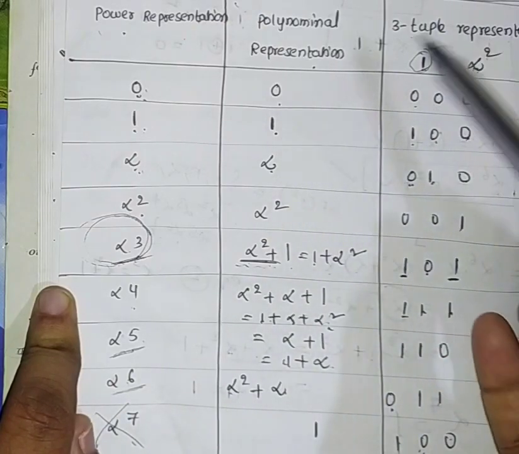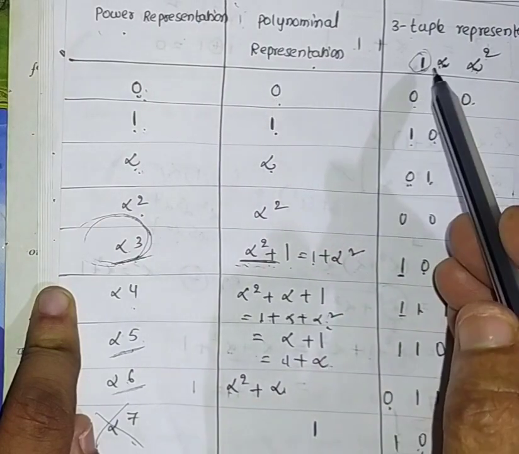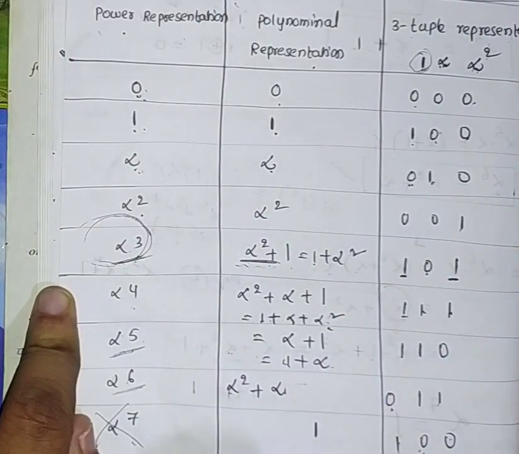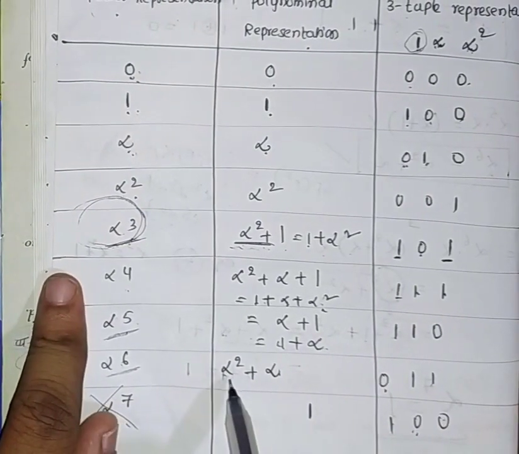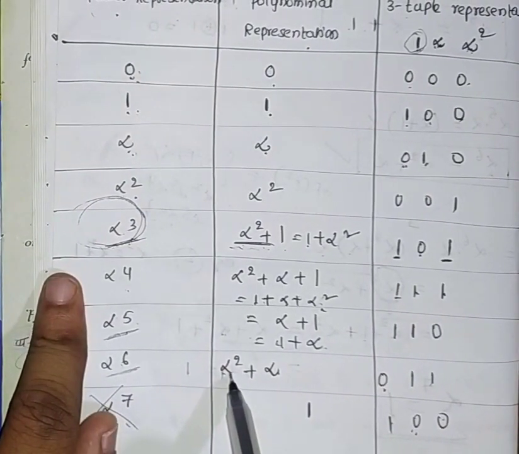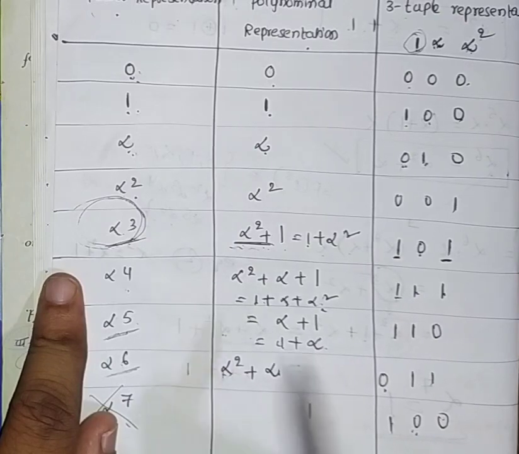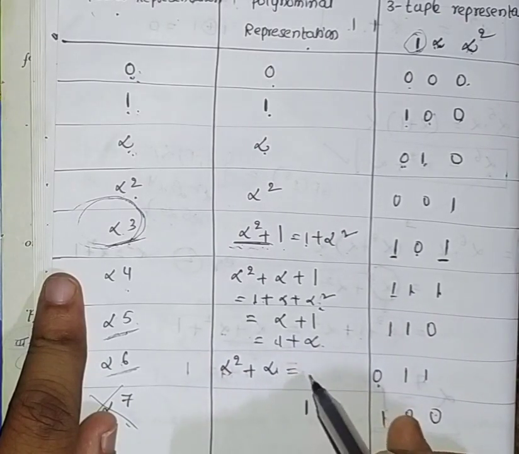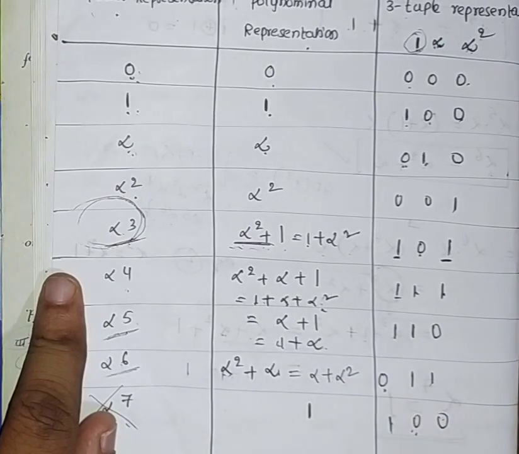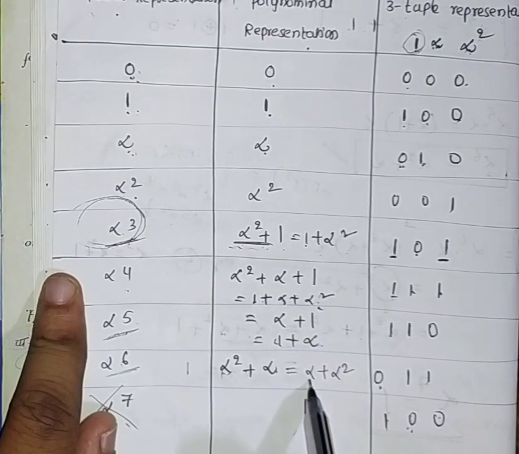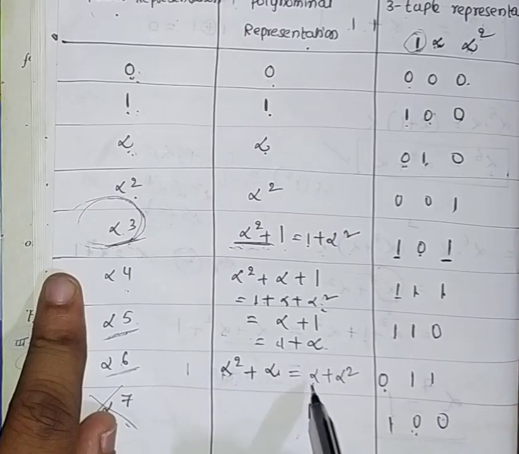Right? And now, for example, let us consider this one. Now, the alpha square term is available. Now, I will write this one as alpha plus alpha square. In this particular polynomial, we have an alpha term and an alpha square term.